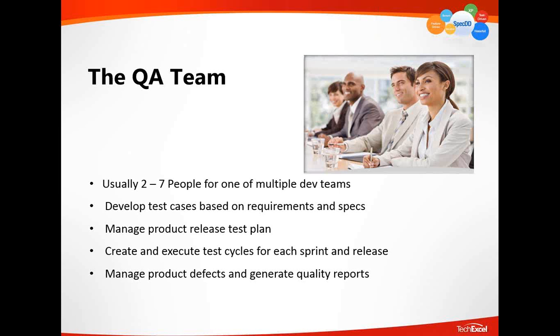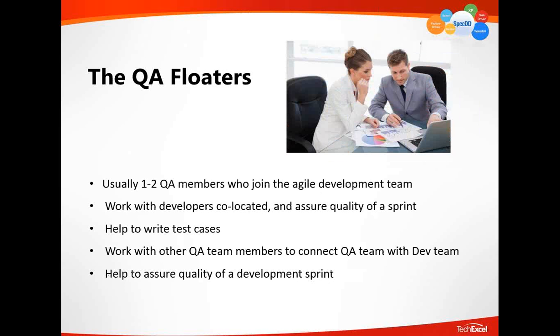So I hope to explain why 2 people represent the minimum resource I feel a development organization should have, and use them as both the QA team and the co-located QA floaters to maximize your quality with minimum QA resources used.